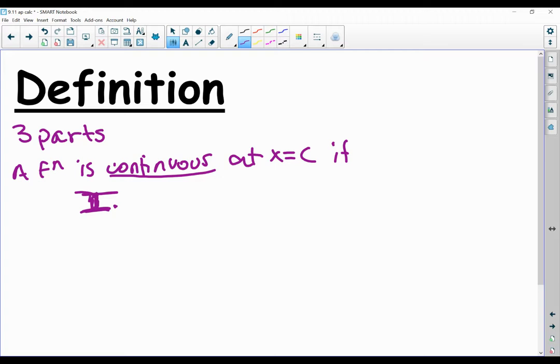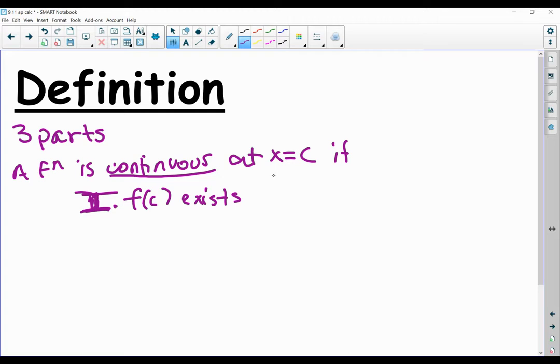So here we go. A function is continuous at x equals c if f of c exists. What that means is that the function has to be defined at that place we're looking at to be the first condition that we have a continuous place. There has to be a point there.